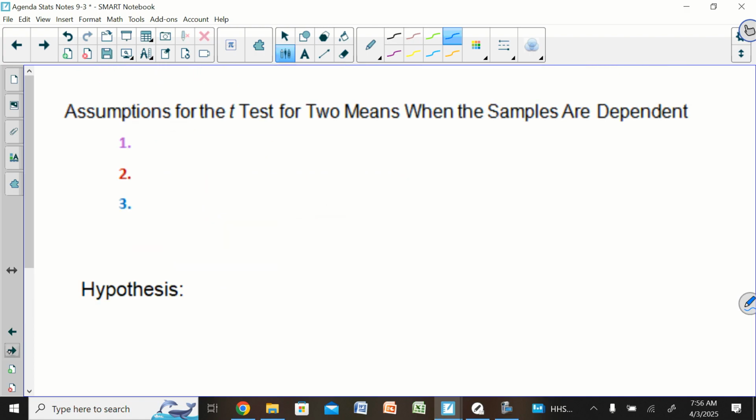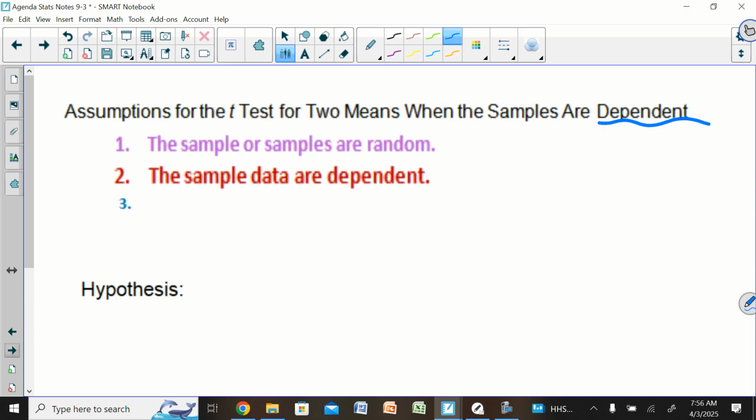All right, so assumptions. If we've got dependent samples, first thing, our samples are random, so we're randomly choosing items or people to be in our sample. The sample data are dependent. Remember, with matched pairs, I'm going to put my highest 2 GPAs together and separate those two.